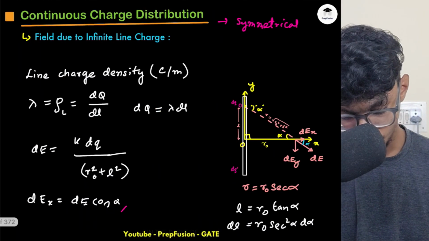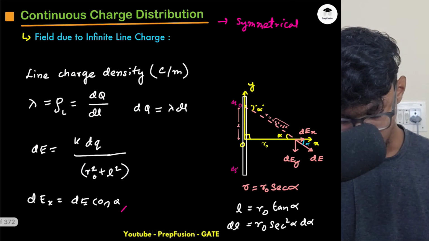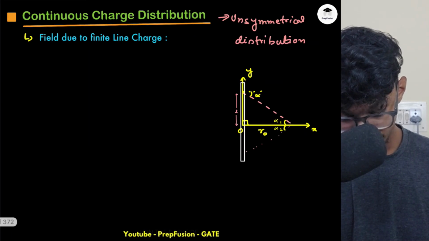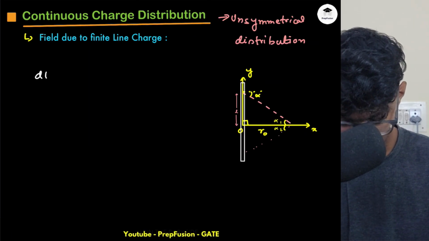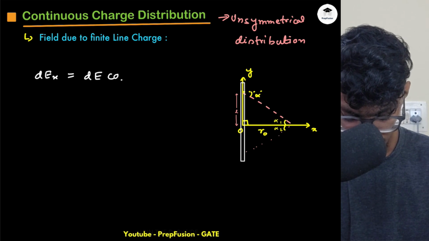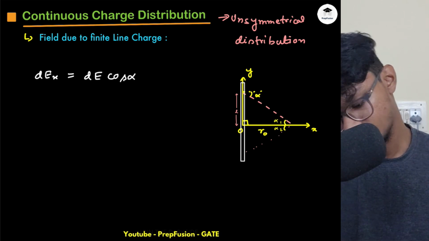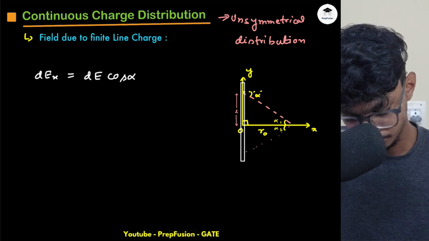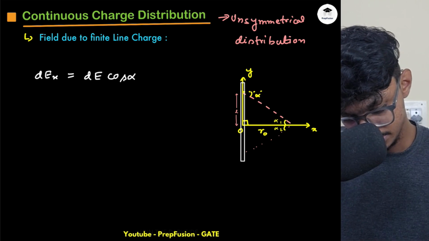So here what I will do is dEx equals dE cos alpha, right? dEx equals dE cos alpha, and this is alpha 1 and alpha 2.